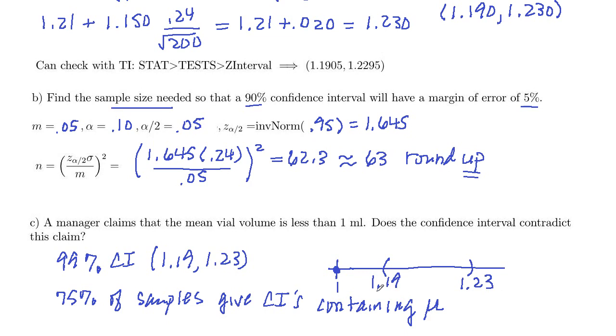And he's claiming that the mean is 1. That's not in our interval. So does the confidence interval contradict this claim? Yes, it does. Since the claimed mean is not in the interval, that's when you get the contradiction.